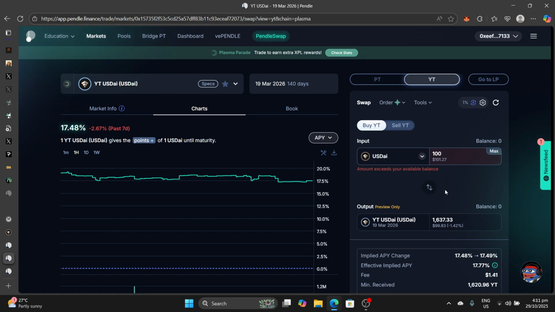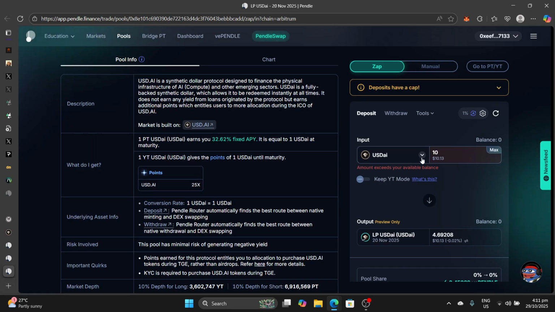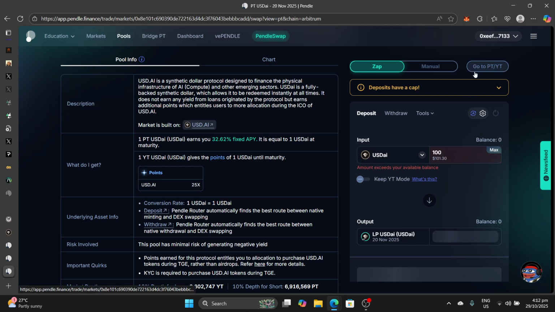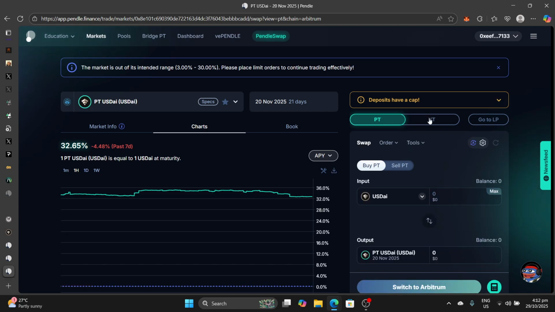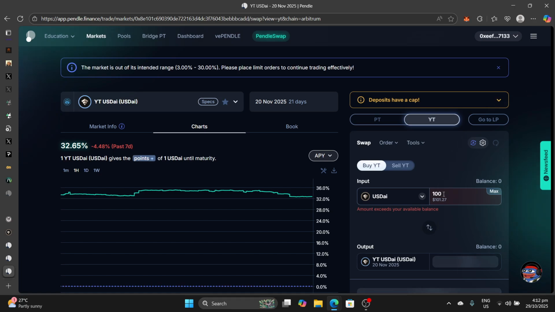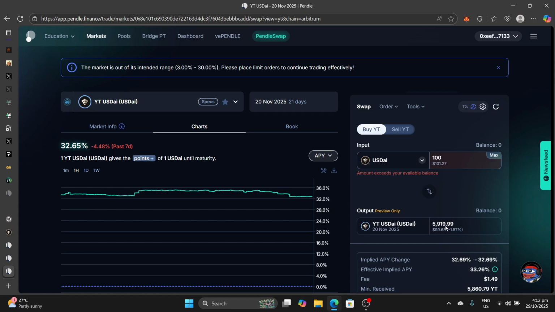So this $100 will rent you 1,637, very small. So this $100 will rent you 519, but it's going to expire very soon.